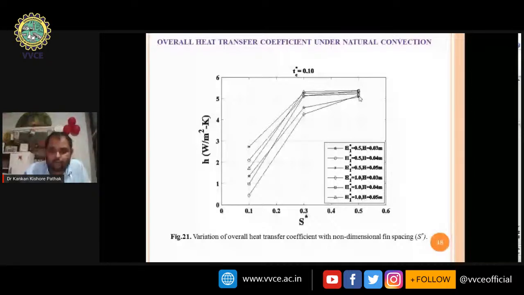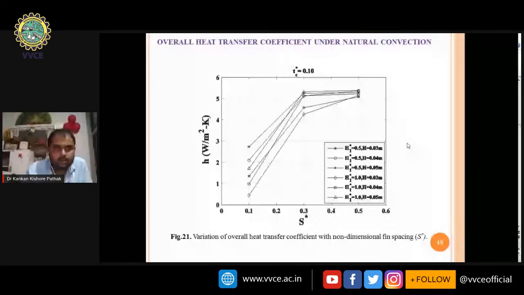It is almost the same for the higher heights like 0.04 and 0.05. So it is preferable to use the 0.3 fin spacing for these conditions, because it will accommodate fewer fins on the same base, that means less number of fins. Or if you use a variable height fin, then the material requirement will be less, and it will enhance the heat transfer.